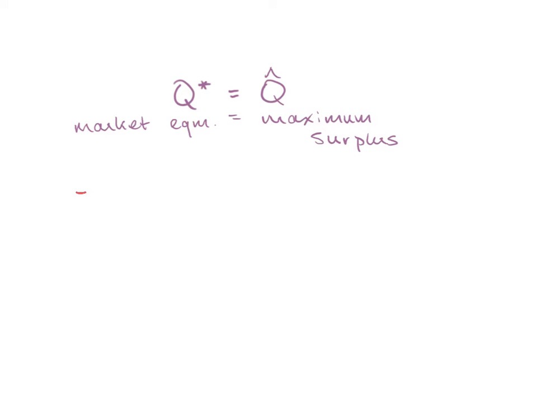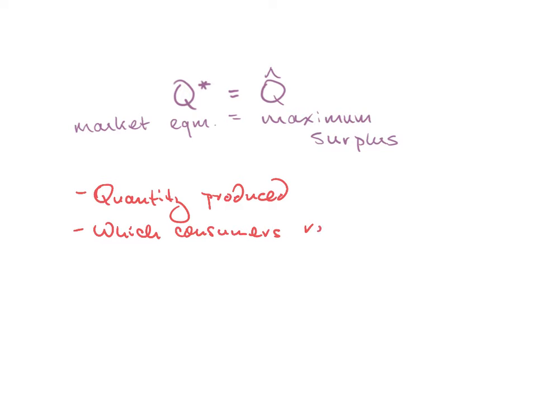What happens in the competitive market in terms of quantity produced, as well as which consumers receive and which producers produce the widgets, all of those things are also what is socially ideal. It is what maximizes total surplus.